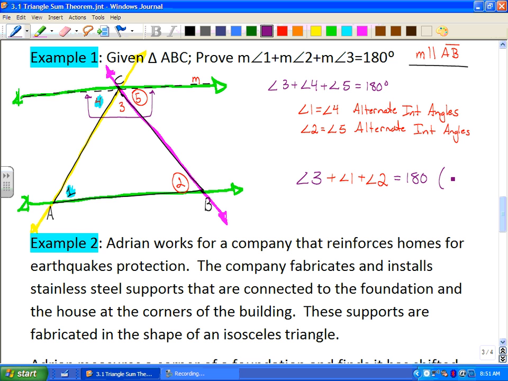That is by substitution. All I did was substitute in. If 1 equals 4 and 2 equals 5, then I can substitute in 1 for 4, 2 for 5. And there's my proven statement. I've proved that the triangle sum theorem will equal 180 degrees.